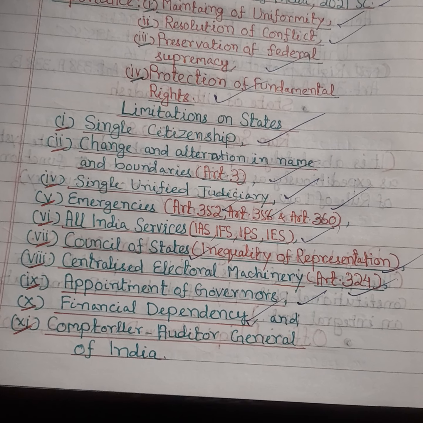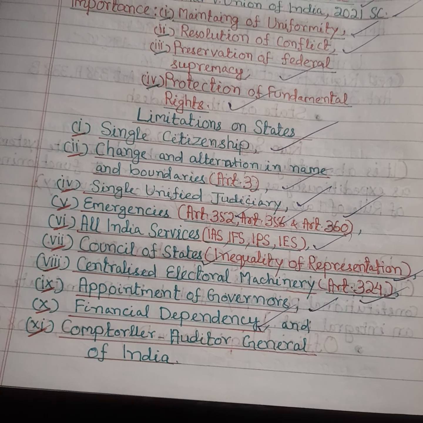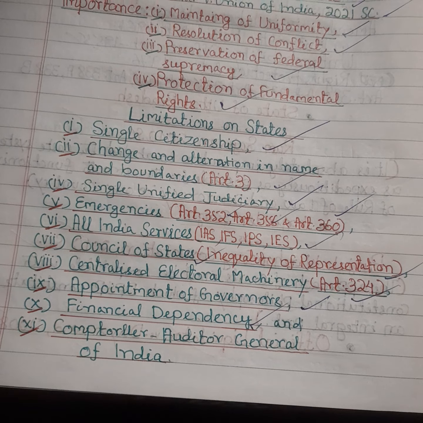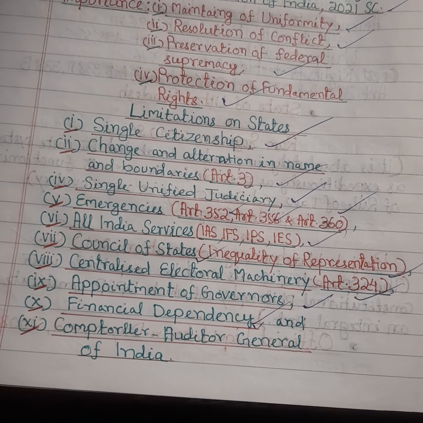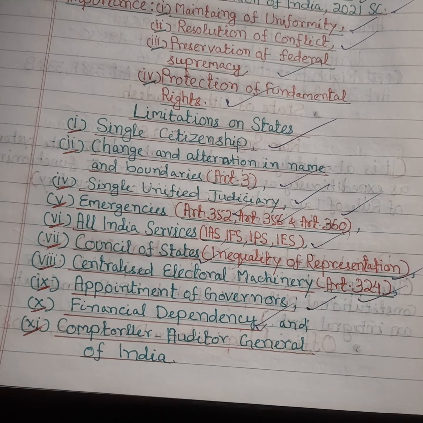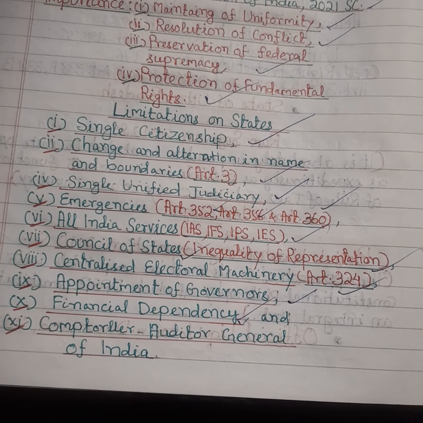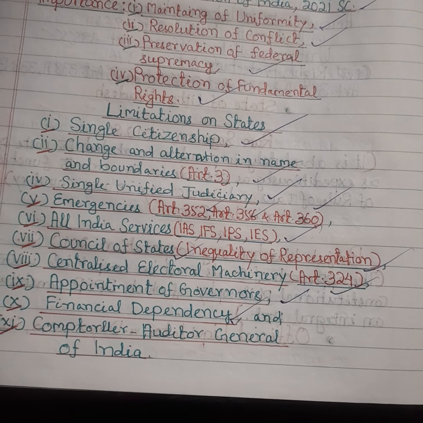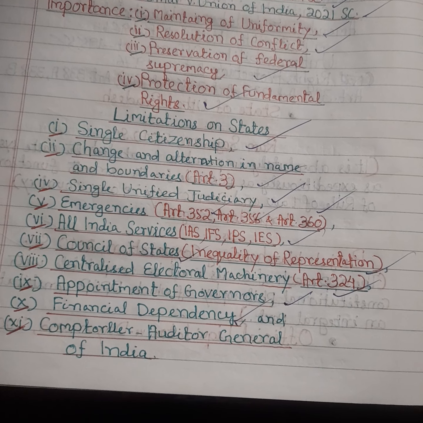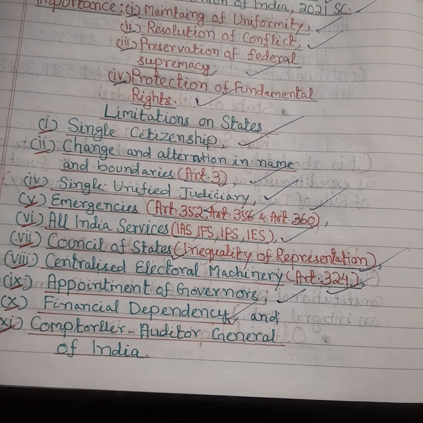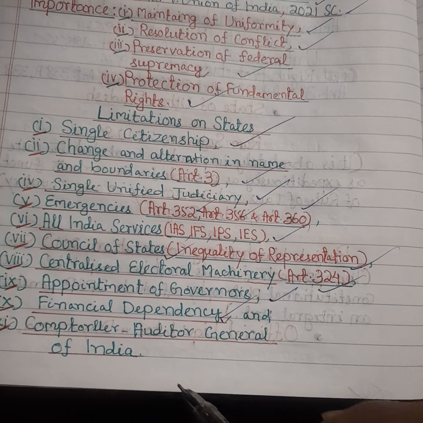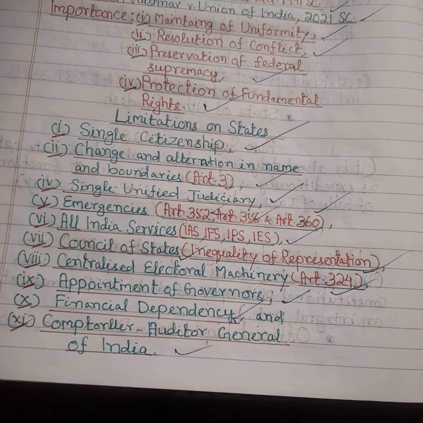So all the states in the Indian Federation are financially dependent on the center, and the last centralizing mechanism that limits states' legislative authorities is the appointment of the Comptroller and Auditor General of India.